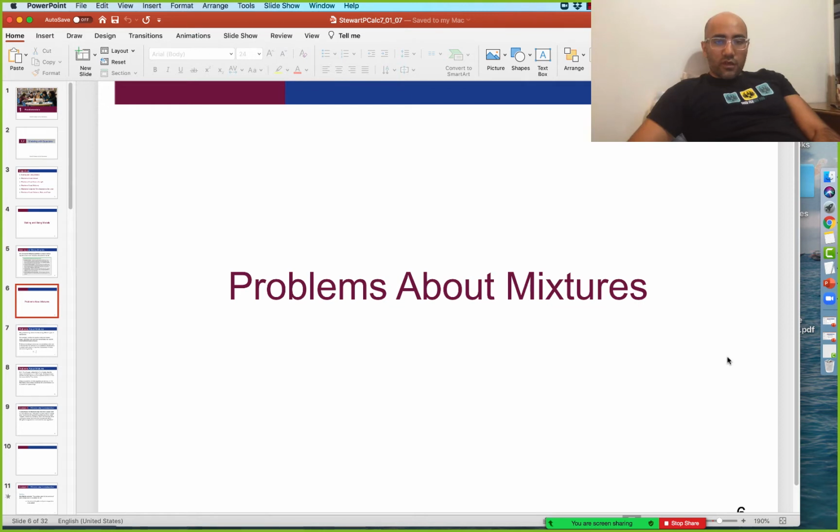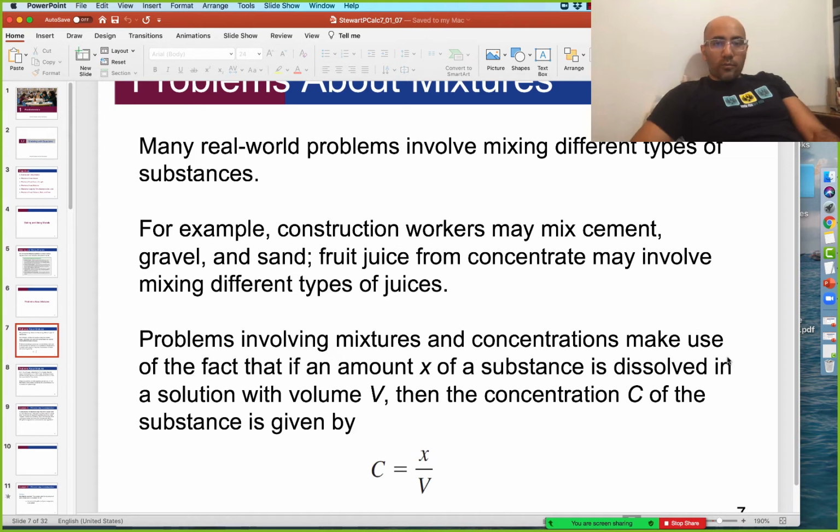So first off, let's look at a mixing problem. A mixture problem is a word problem where you have situations of substances that are mixed. Some common examples are cement or fruit juice concentrate or alcohol mixtures or any kind of other chemical thing, some sort of chemical titration where you're mixing, say, 100% of some chemical in water, for example, and you want to dilute it to some level.